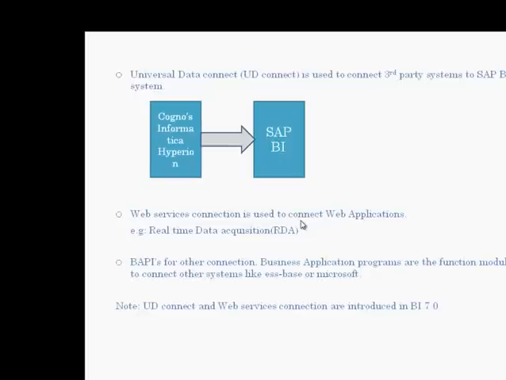Systems like Cognos, Informatica, Hyperion are connected to BI. You can access the tables after connecting the third-party systems in BI. So there are web services. A connection is used to connect web applications, like real-time data acquisition, RDA can be connected through a web application.